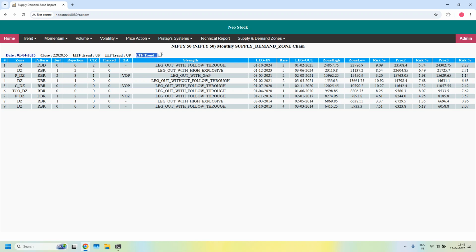Look into the LTF trend to find the trend of the current time frame you have selected, and apply the same rules to the remaining reports. How to make use of the NIFTY supply demand zone chain or even the BANKNIFTY supply demand zone chain, I explained in detail in lesson 29, I think the 29.5 and 29.6 videos. Please refer to them.